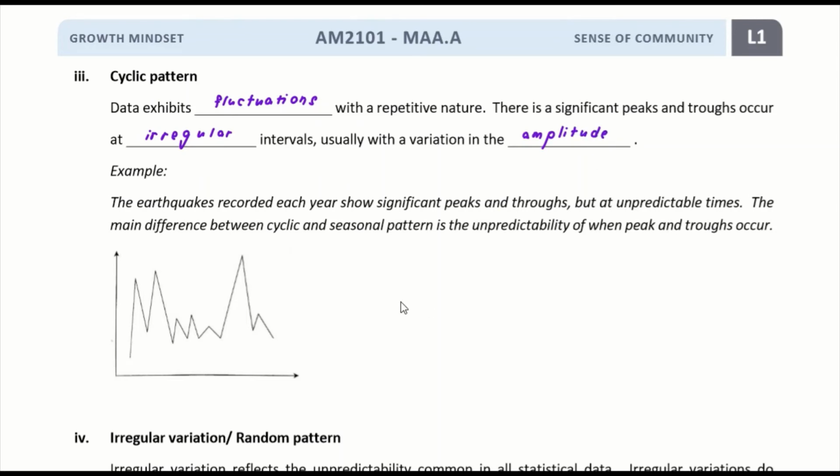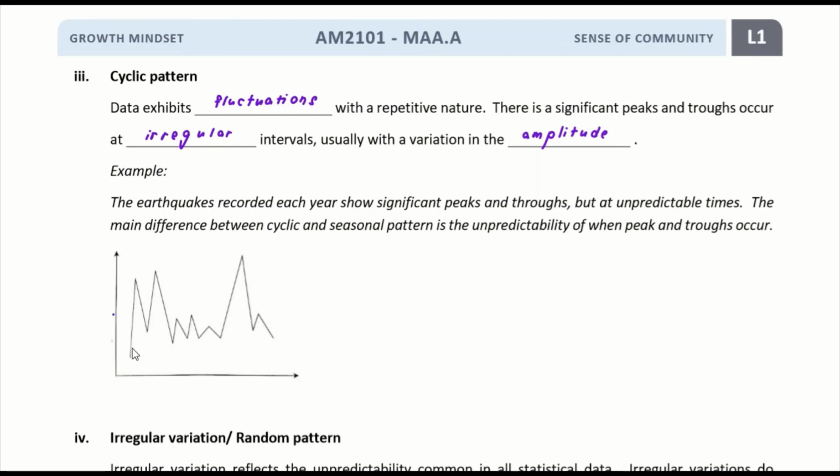So for a cyclic pattern, normally you'll have this kind of data. Let's say we talk about earthquakes, sometimes it's very hard for you to predict the time and so on, but you know that from time to time it happens. So you can see that it can increase, decrease, increase, decrease, increase, decrease, and so on.